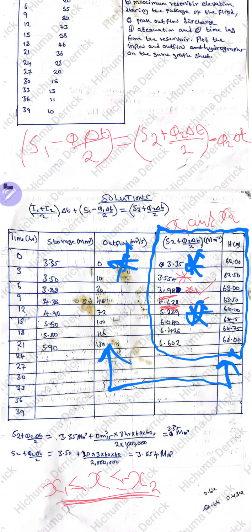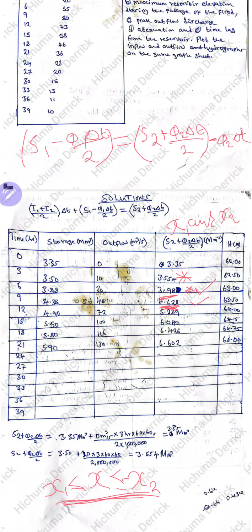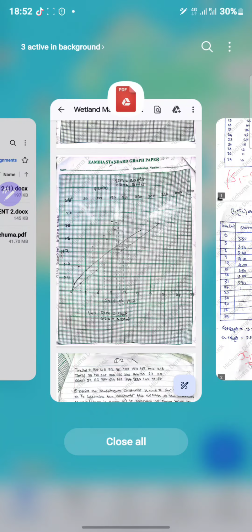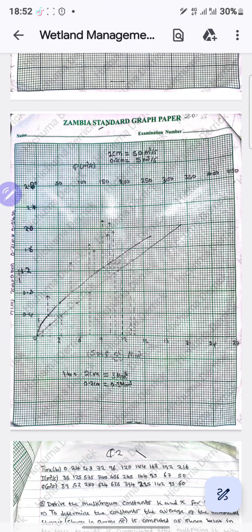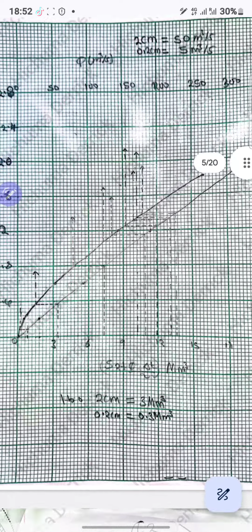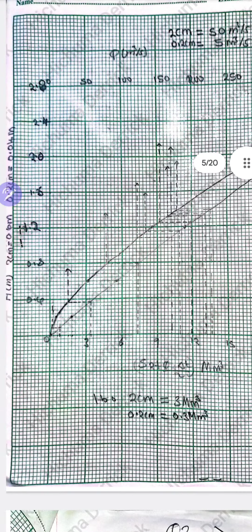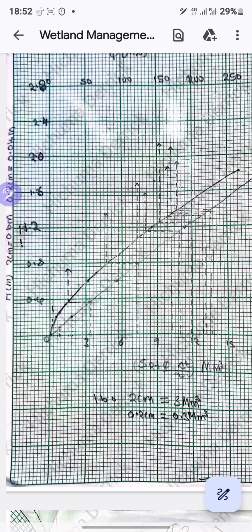Okay, now when you plot, you have something like this curve here, and also this curve here. So the way you move, let's say you have the x value. This is your x indicative storage value of 3.